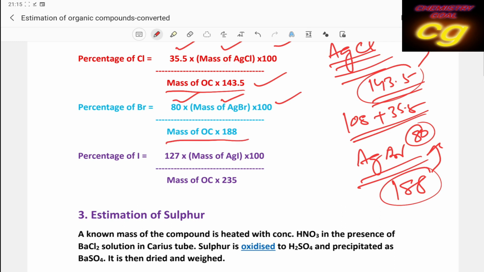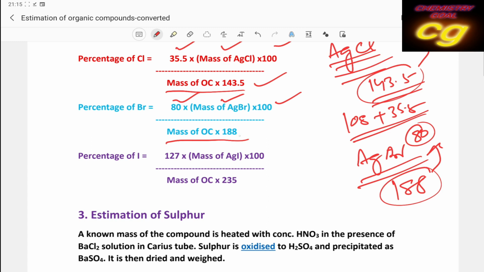This is the very common formula. Don't forget it. If you remember the formula, then you can easily calculate the problem by putting the data directly in the formula. The percentage of bromine is 80 into mass of AgBr produced into 100 upon mass of organic compound into 188.